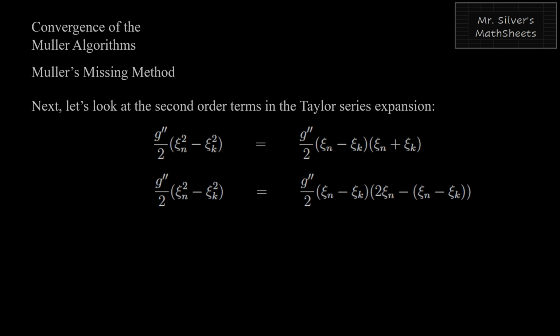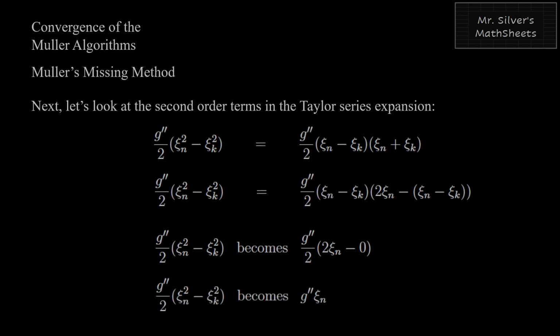The first term is a constant, second term is 0. So the first term, we just use our rule, and everything turns out to be g prime psi n, which turns out to be exactly what you would get with Newton's method, by the way.